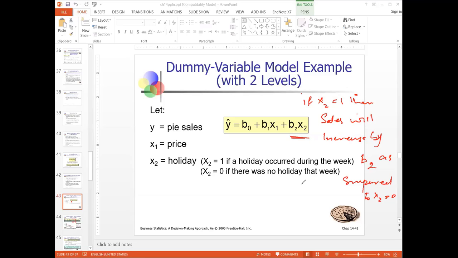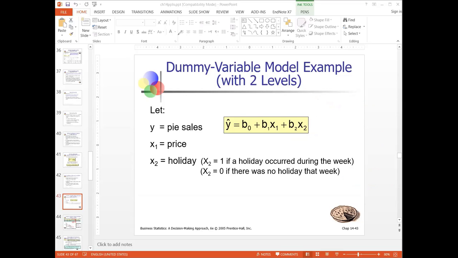So we do not need to interpret the case x2 equal to 0, because we already know that when x2 is 1, it is higher. So it means when x2 is 0, it is lower. So this way we interpret our dummy variable. We interpret it in terms of its value equal to 1 if it has one level. So let's move forward and see what will happen for the next concepts.